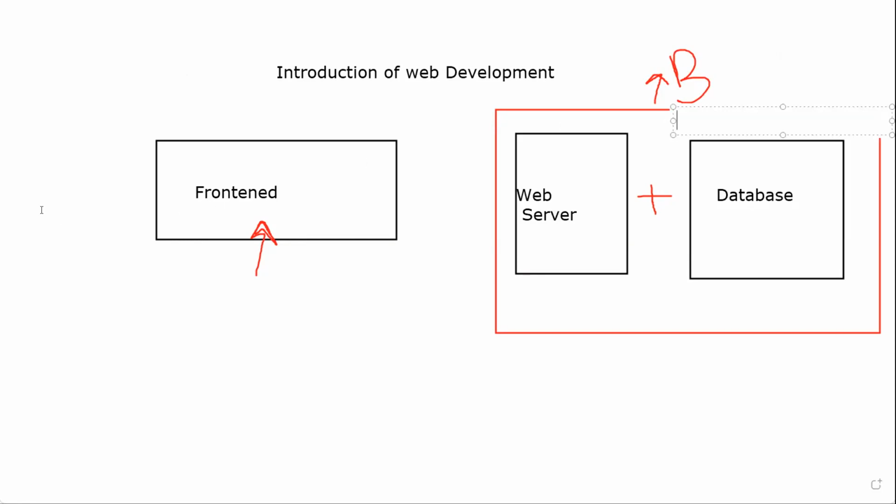Okay, just give me a minute. Backend. That's why I kept it in a red color outside the box, and this is the web server and this is the database. Adding web server plus database is the backend. Now understand it with words.